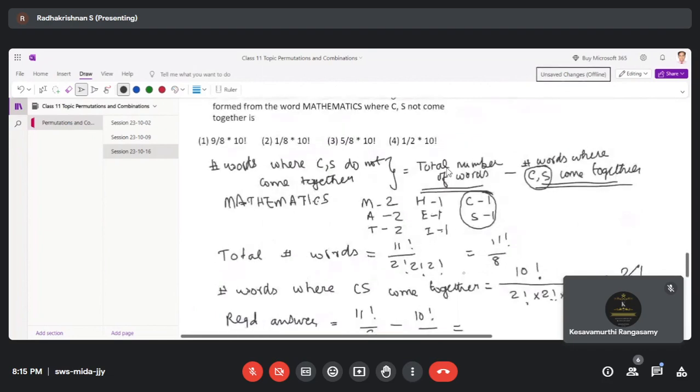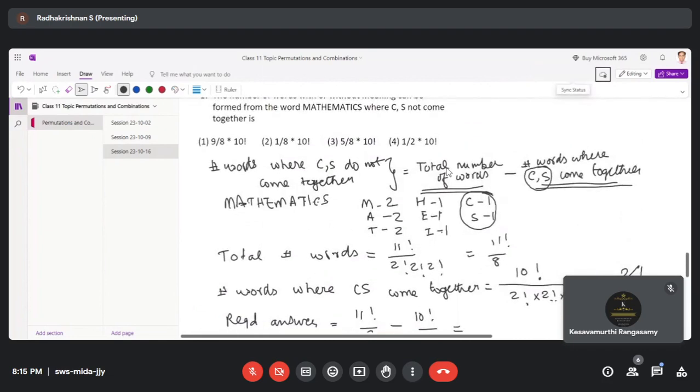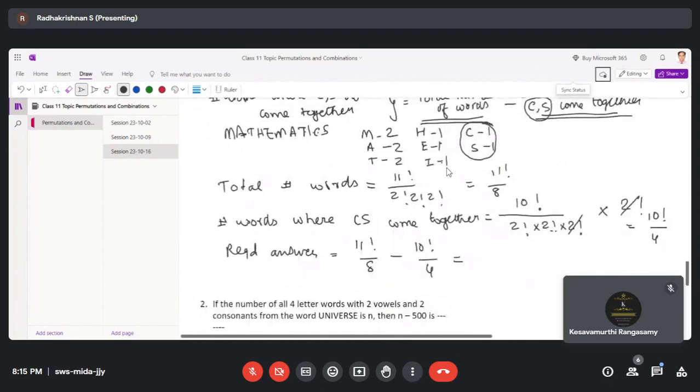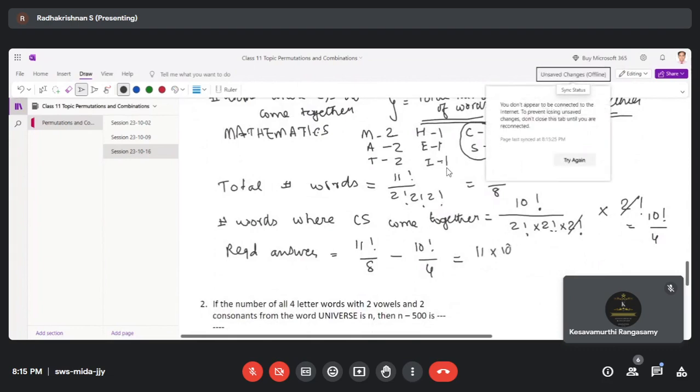So how can we bring it to one of those forms? You can see that everywhere 10 factorial is appearing. So what should we do? 11 into 10 factorial. So we take out the first one, you write as 11 into 10 factorial divided by 8 minus 10 factorial divided by 4. Or we can say 2 into 10 factorial divided by 8, just to keep it simple.